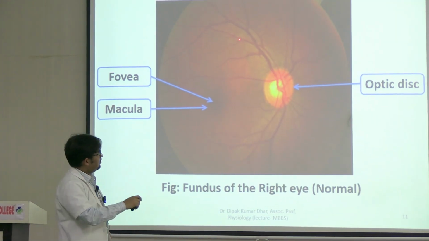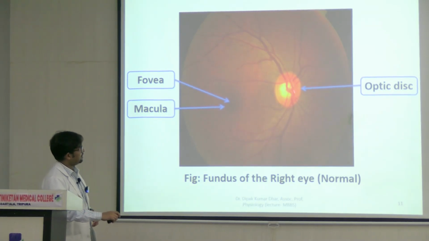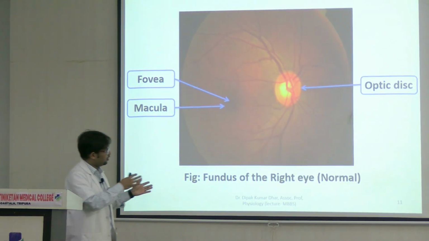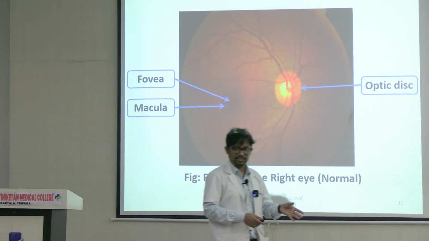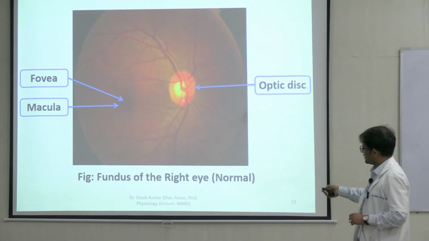Okay. These are the vessels that you can see. Medially you can see the pattern, it branches out like this laterally. So this is how you know whether the fundus is of the right side or the left side. Now what is the uniqueness, or why is it important?